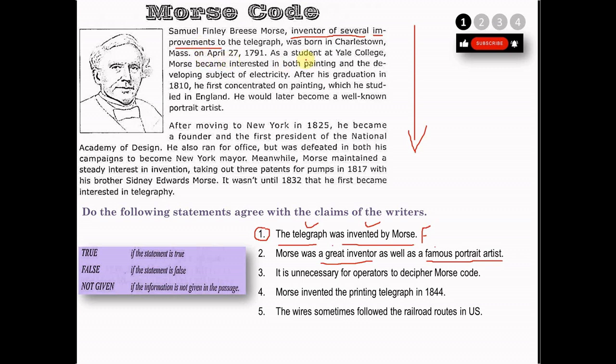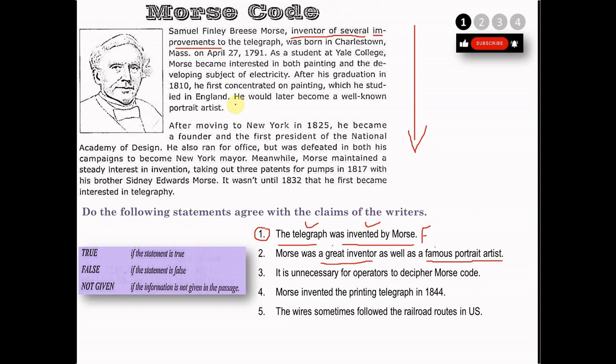As a student at Yale College, Morse became interested in both painting and the developing subject of electricity. After his graduation in 1810, he first concentrated on painting, which he studied in England. He would later become a well-known portrait artist.